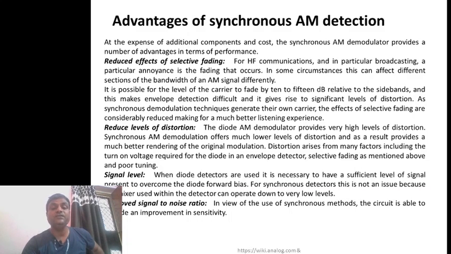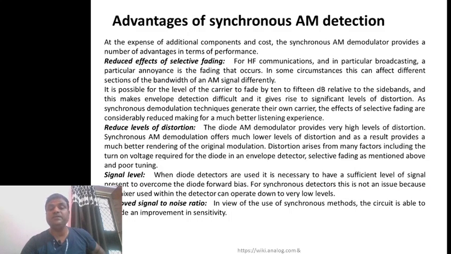What are the advantages of this synchronous AM detection, also called coherent AM detection? Basically, it reduces the effect of selective fading, and it reduces the level of distortion. Similarly, it improves the signal level and also improves the signal to noise ratio. What is fading? In wireless communication you learn about fading in detail, but fading is related to the shape of the signal, so it is basically a shape distortion.